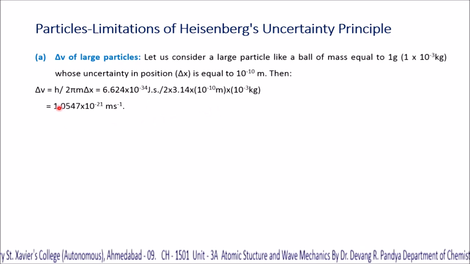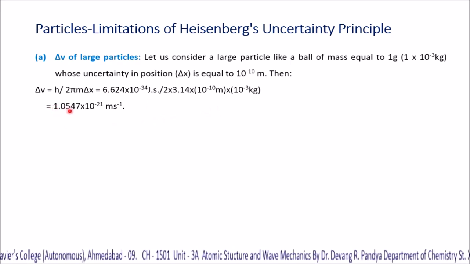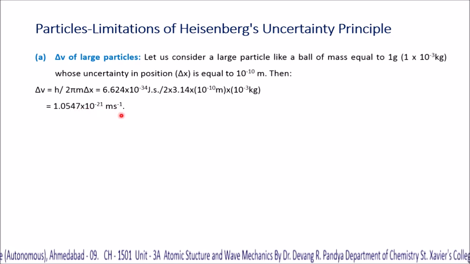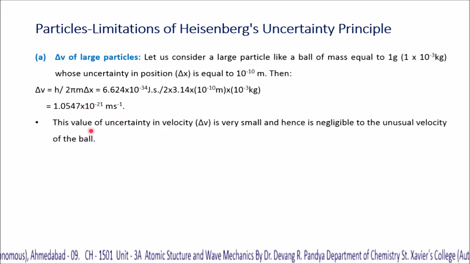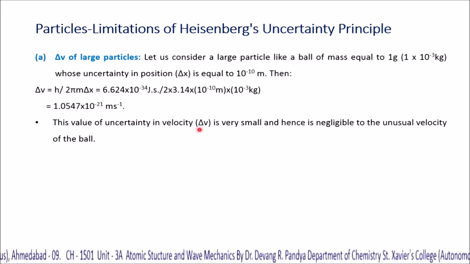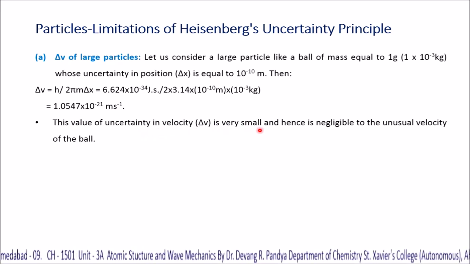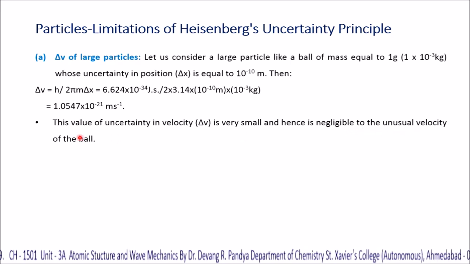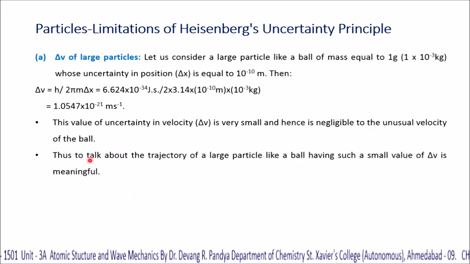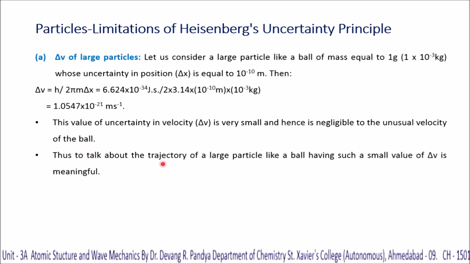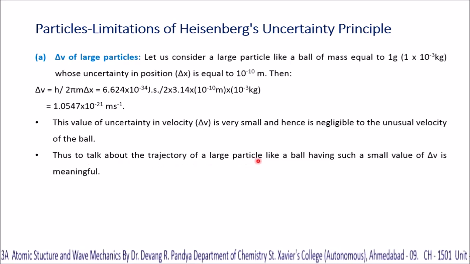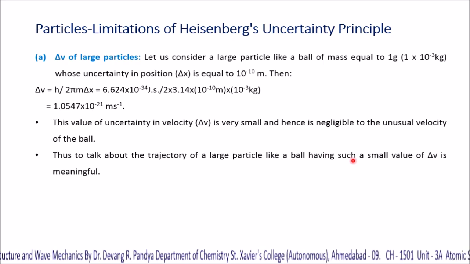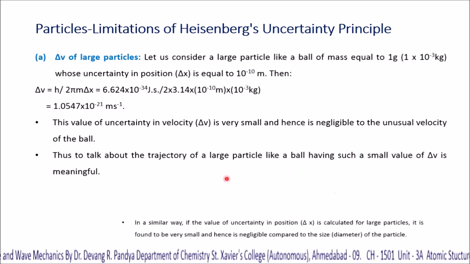This calculation gives us the value 1.05547 into 10 raised to minus 21 meter second inverse. This value of uncertainty in velocity delta v is very small, and hence it is negligible compared to the usual velocity of the ball. Thus, to talk about the trajectory of a large particle like a ball, having such a small value of delta v, is meaningful.